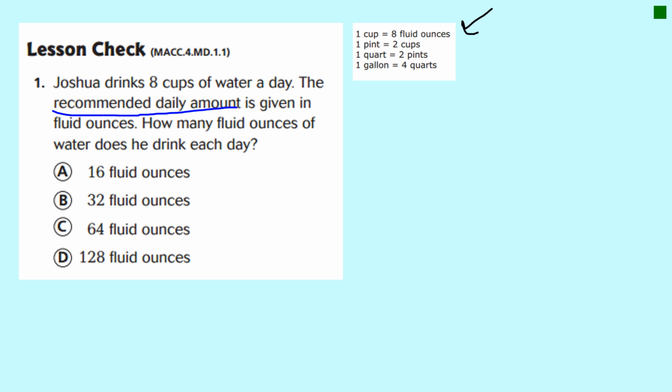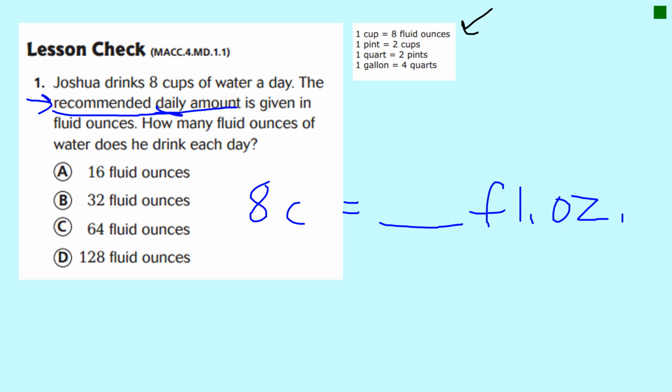Everyone is supposed to drink a certain amount of water that's recommended by a doctor. A doctor suggests what you should be drinking every day. So Joshua drinks 8 cups, and he wants to know if that's the right amount of fluid ounces. So 8 cups equals how many fluid ounces?